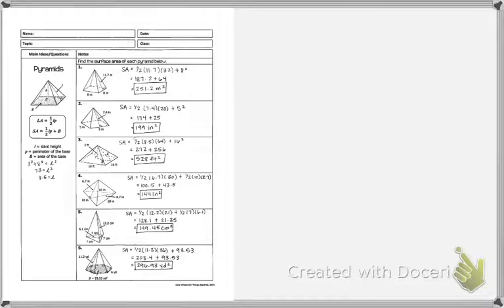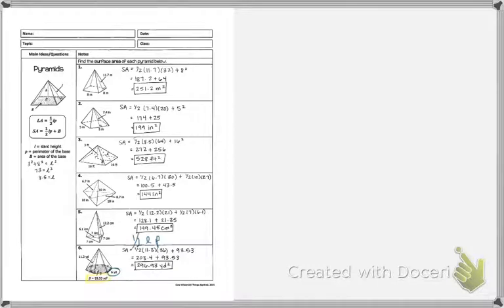Notice for number 6, they give you the base area. So all you have to do is find the 1/2 slant height times the perimeter. This is 6. Notice how they're all marked congruent.